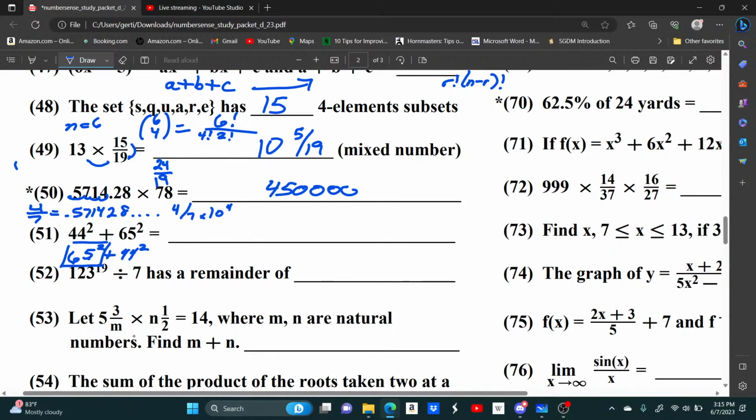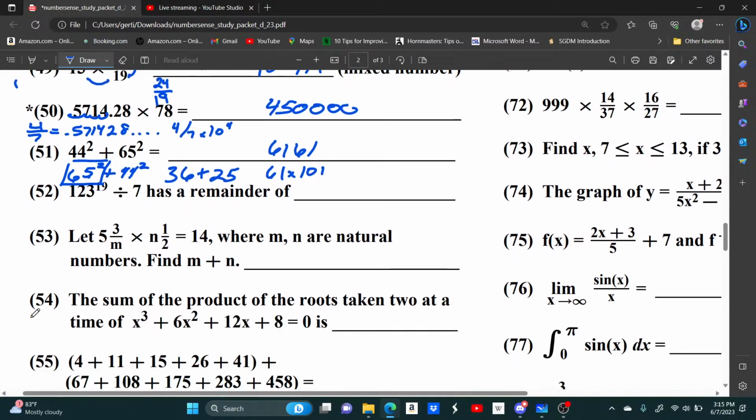So from now on, you don't really care about this 44 anymore. So I'm looking at my 65 squared. Here's what you do. You square each of the digits, so 36 and 25, and then you add them. So 36 plus 25 gives you 61. Then you just multiply that by 101. So that's 61, 61.